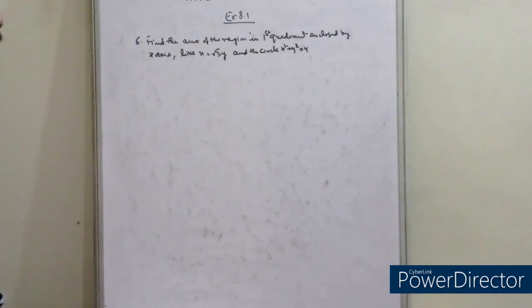So here, find the area of the region in the first quadrant enclosed by the x-axis and the line.